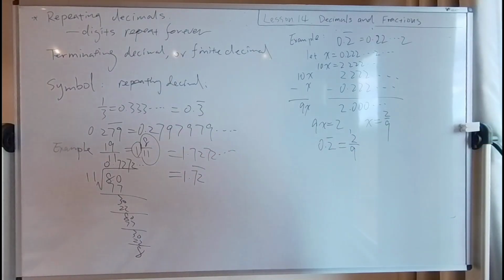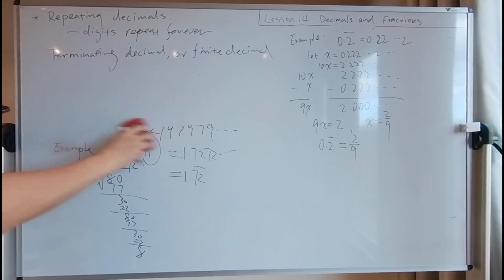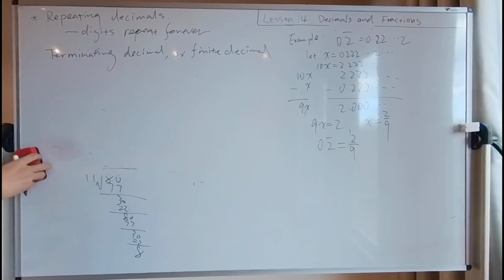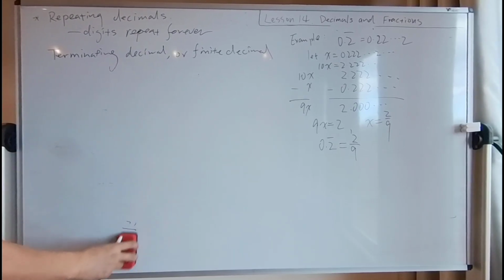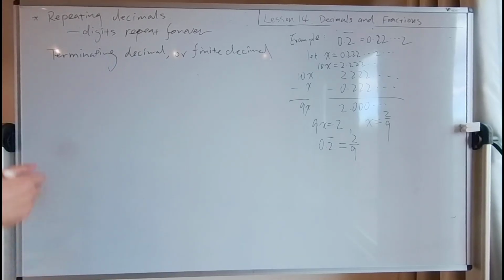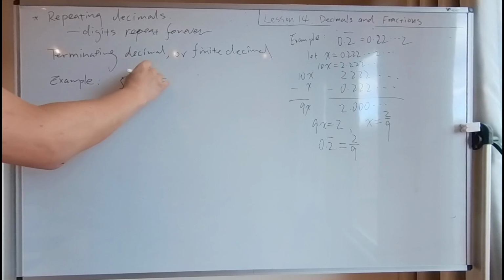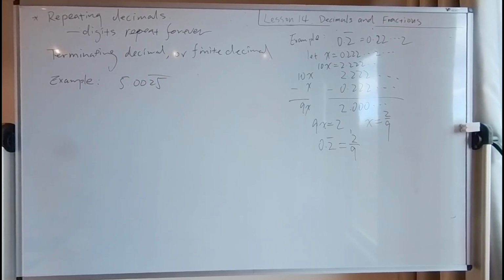Let's see a more complicated case to further show this methodology. Basically, this methodology can help you convert all repeating decimals into fractions. For example, if I have a more complicated case, 5.0025 with the digits 2 and 5 repeating.